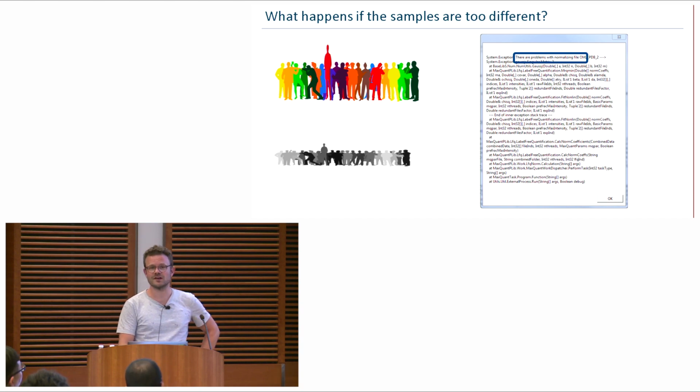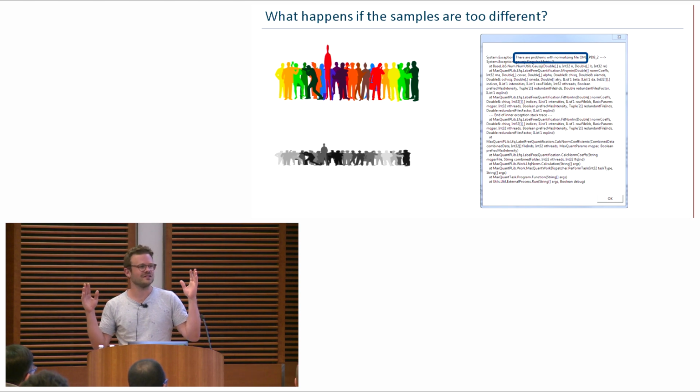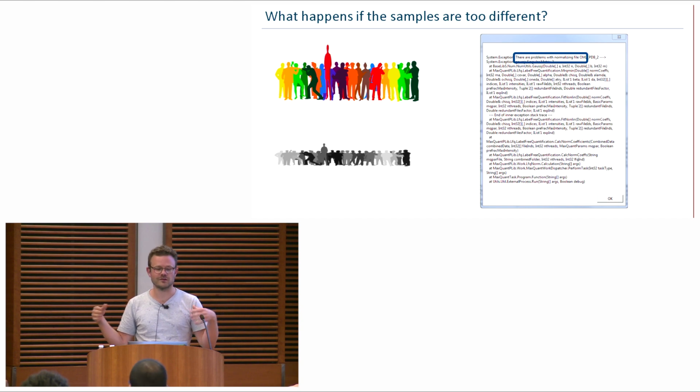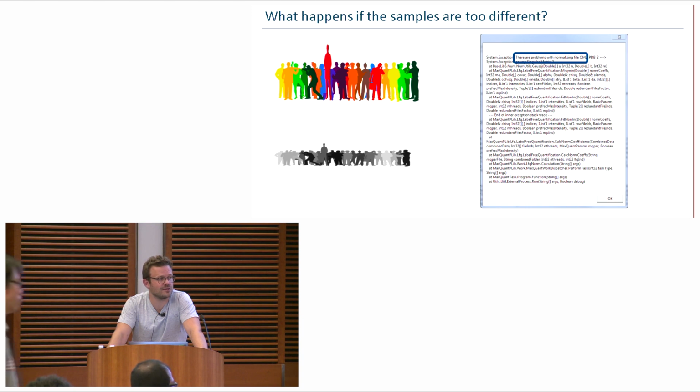If your samples are too different, which is indicated here by the colors, for example, it can happen that in your measurements one LCMS run was just empty, so it's not comparable, then the normalization fails, and you get an error message. So it doesn't necessarily mean that MaxQuant has a bug. It probably means that something is wrong with your data, or something is wrong with your experimental design.